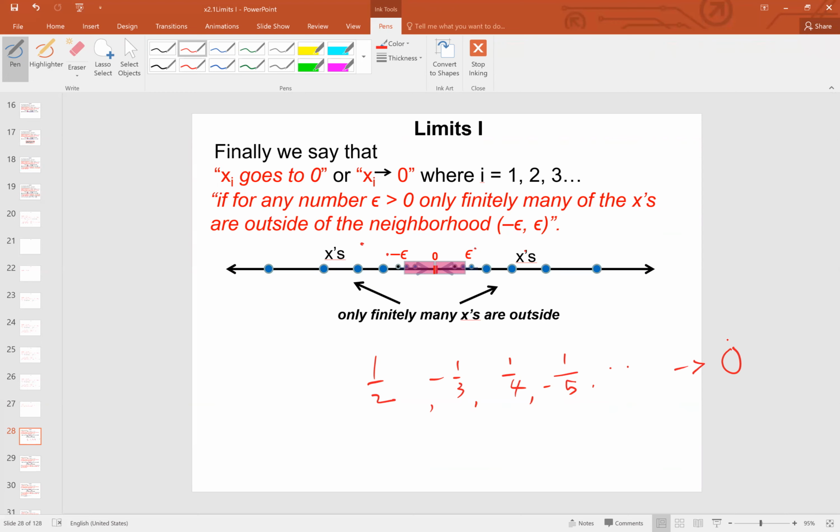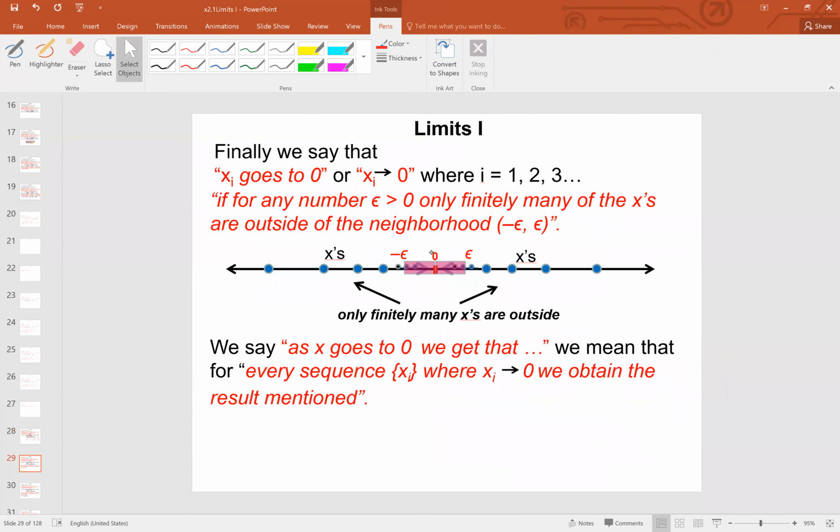They bounce around, but only finitely many of this list of numbers are outside of this neighborhood. It doesn't matter how small this neighborhood is, only finitely many of these fractions are outside of it.